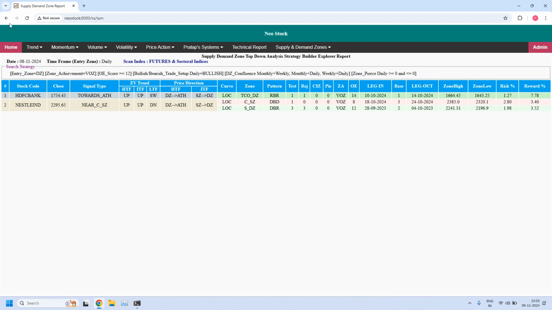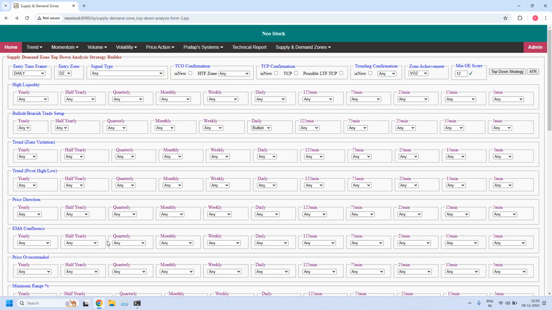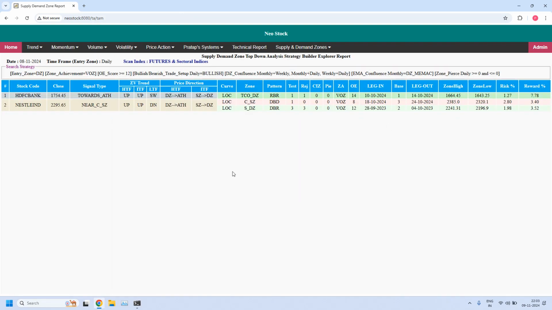Let's verify. In the EMA confluence, monthly time frame, because the daily and weekly are together part of the monthly zone, so monthly demand zone with monthly EMA confluence. Both the stocks have monthly EMA confluence. So these 2 are even more high probability setup supported stocks.